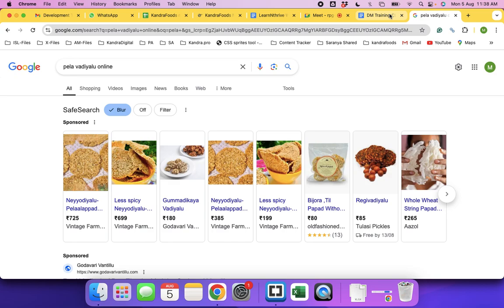So what I will do is I'll first quickly go to the negatives. Where are my negatives? My negatives are here under the shared library. I'll go to exclusions list.